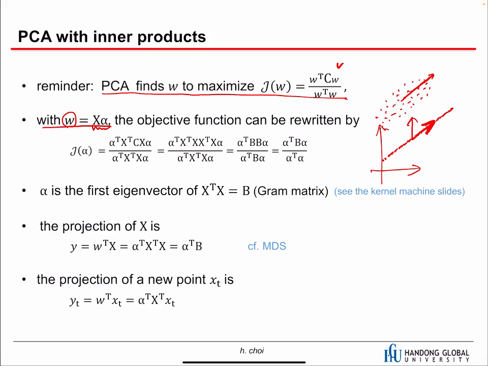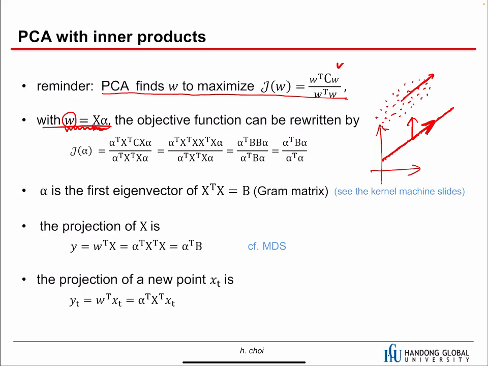We cannot have this kind of eigenvector at all. It should be in this manifold. So no matter what kind of manifold we have, the eigenvector should be able to be represented by a weighted sum of data samples. So we can rewrite W as X times alpha. Alpha is the weight and X is the data sample set.